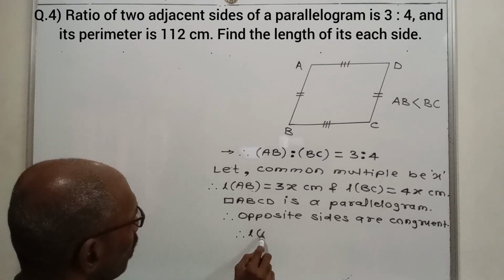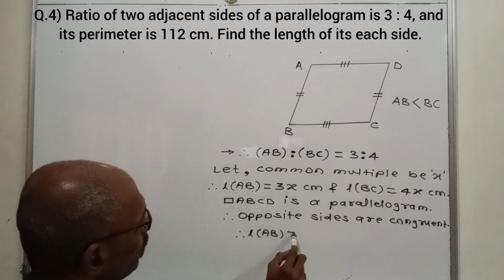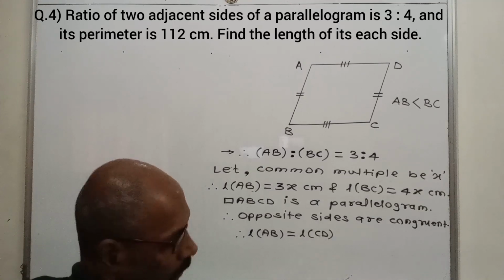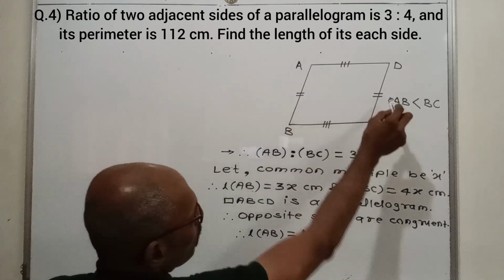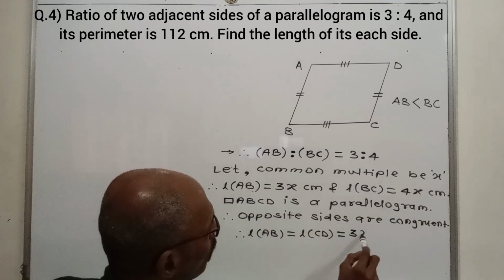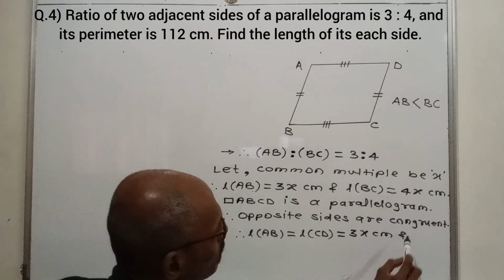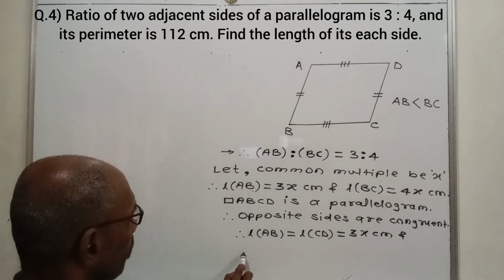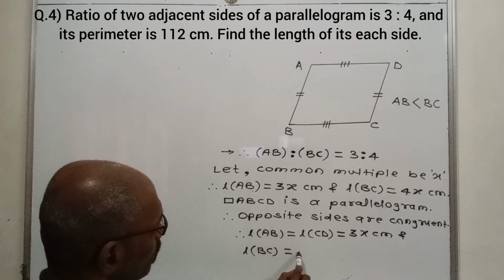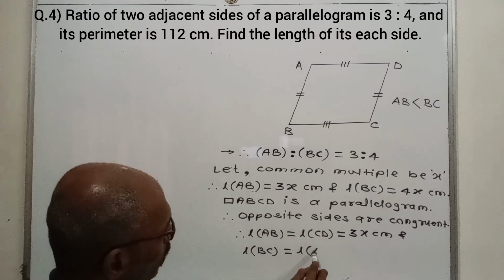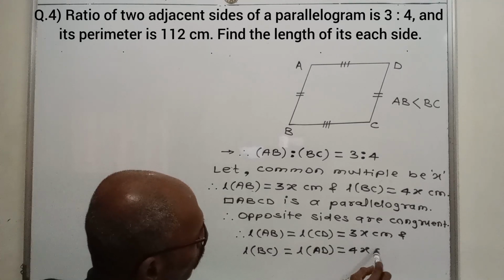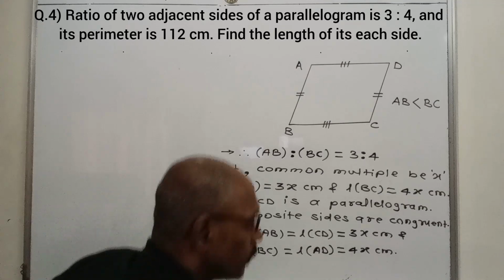Therefore, length of AB is equal to length of CD is equal to 3x centimeter and length of BC is equal to length of AD is equal to 4x centimeter.